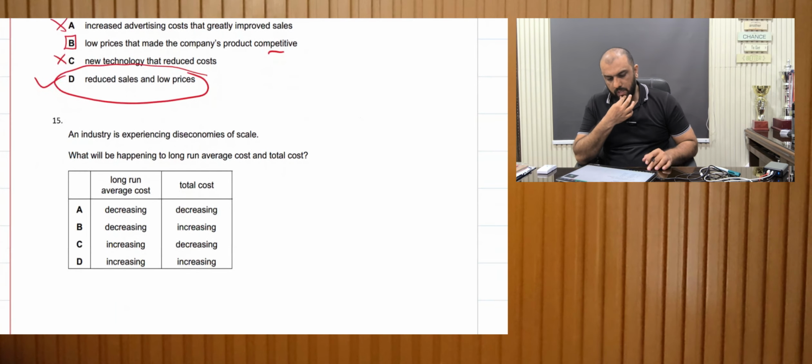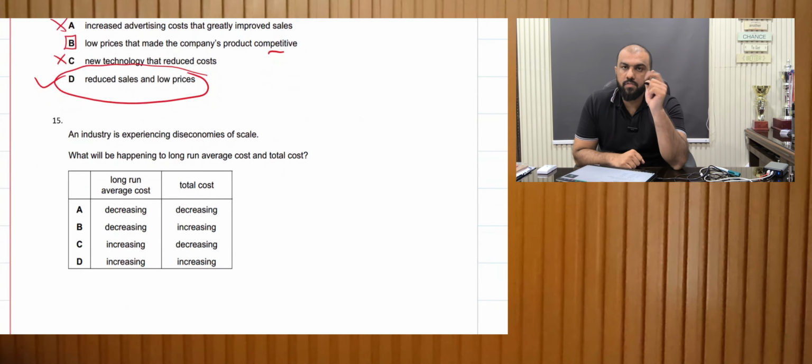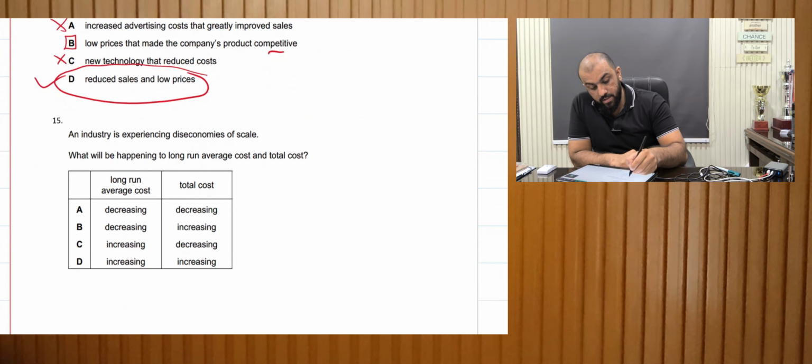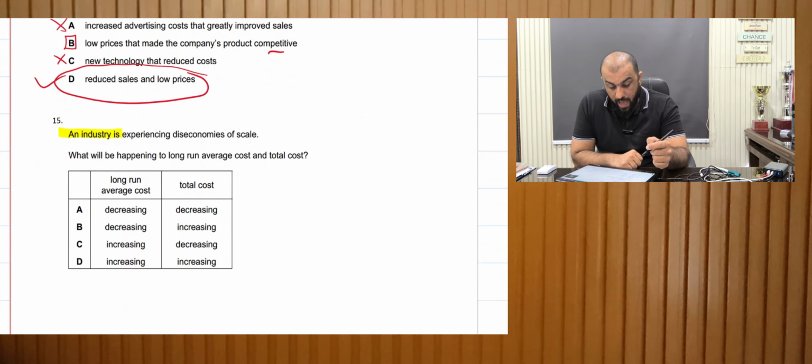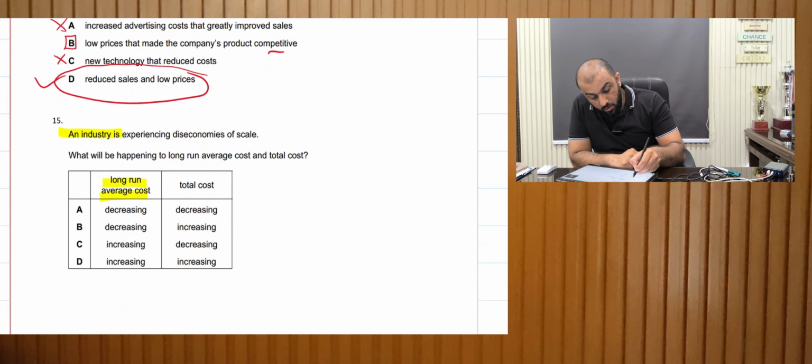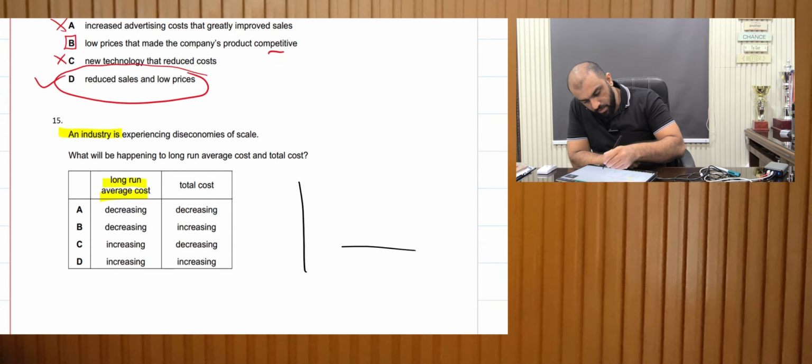An industry is experiencing diseconomies of scale. Now, the first thing that you would have noticed, industry. It's talking about external economies of scale. What would be happening to the long run average cost and the total cost? Well, the long run average cost. Remember, we studied this ATC.